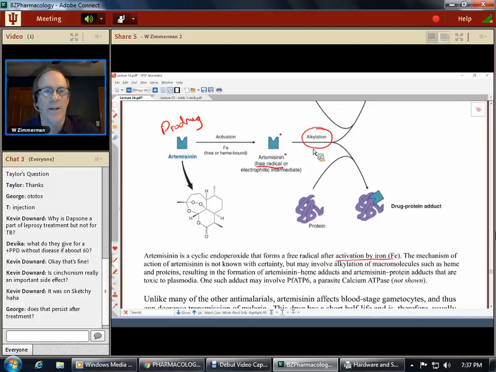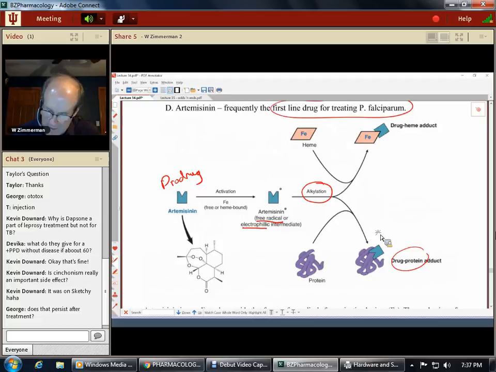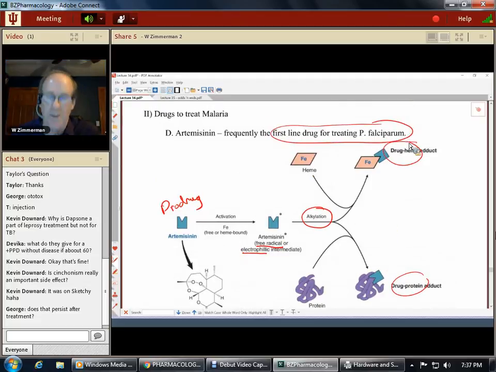Think about the alkylating agents. They form the carbonium ions, and you got this electrophile that went after the nucleophilic bases. You'll get an alkylation, and sometimes of protein, sometimes of the heme. But it's like, so how does this kill the bug?